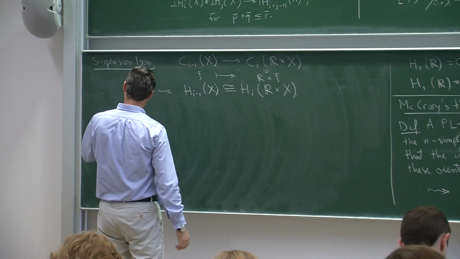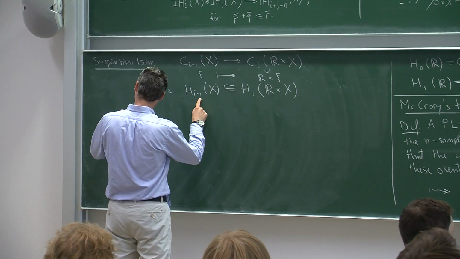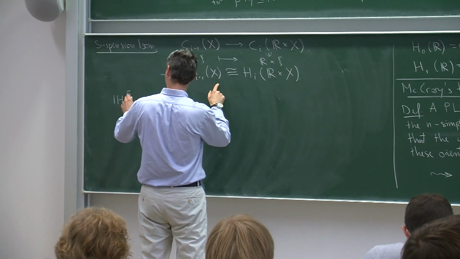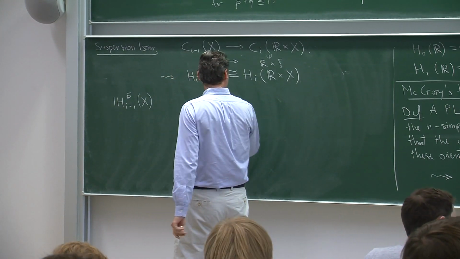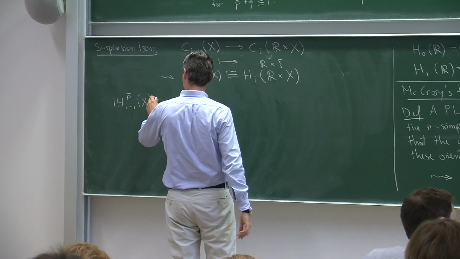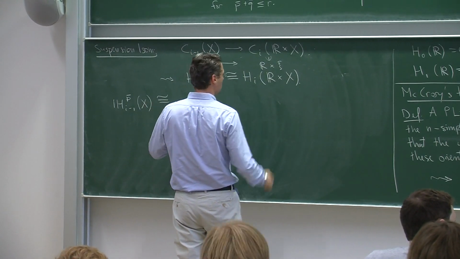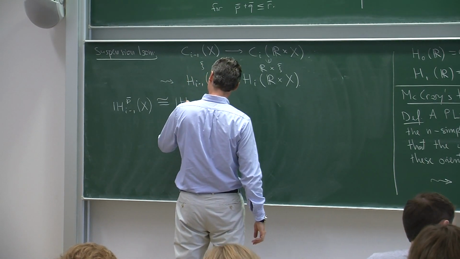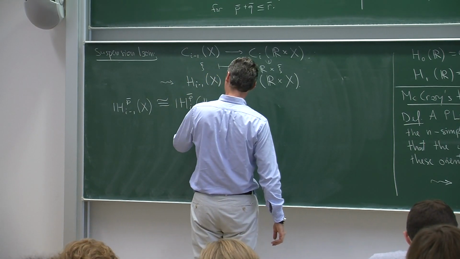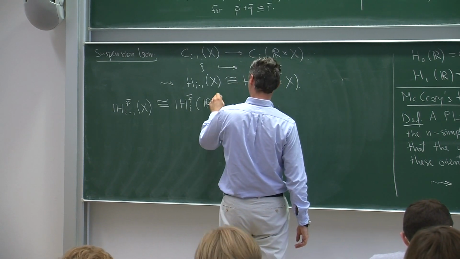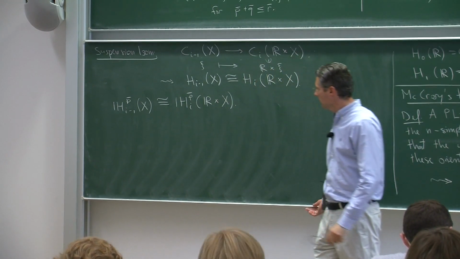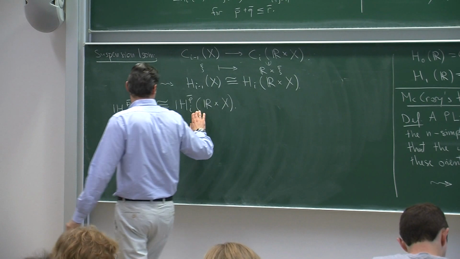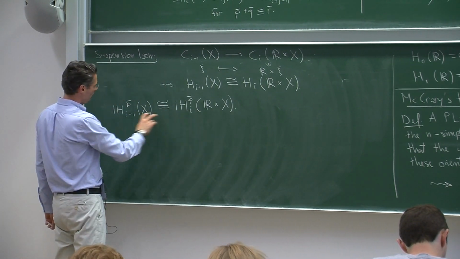So therefore, if a chain is P allowable in X, then R cross the chain is P allowable in R cross X. And so if you cross with R, then the intersection homology of that product is computed like this.